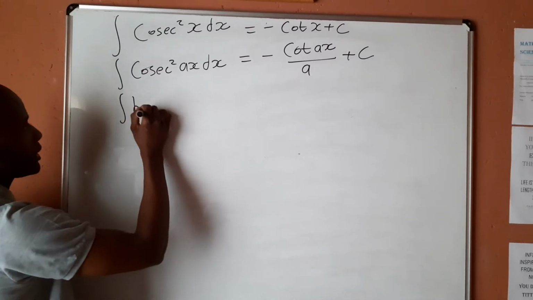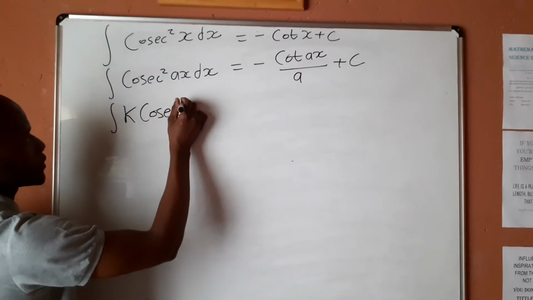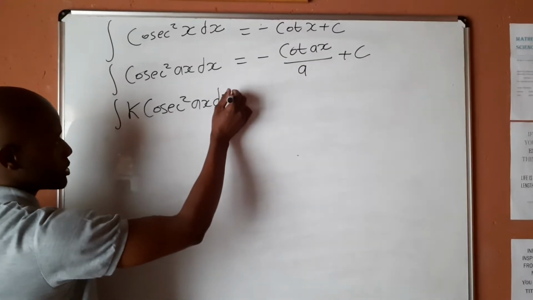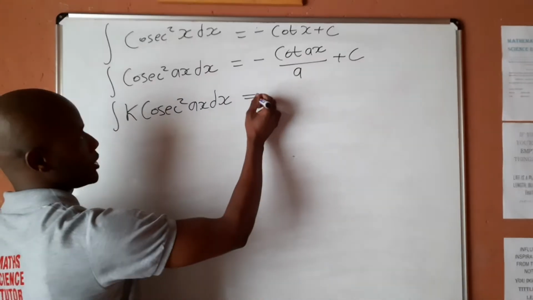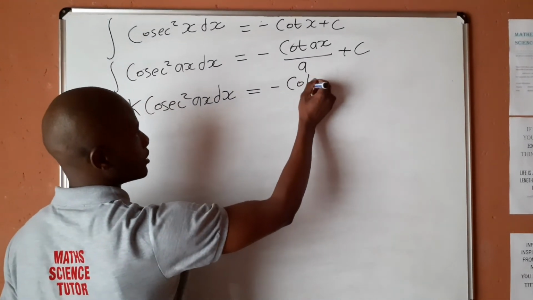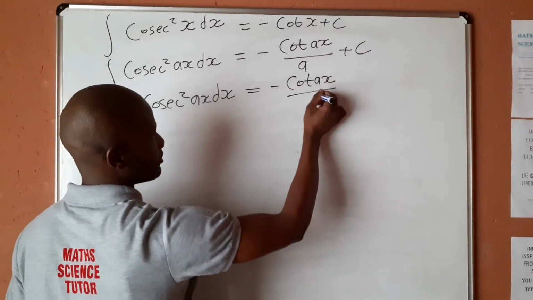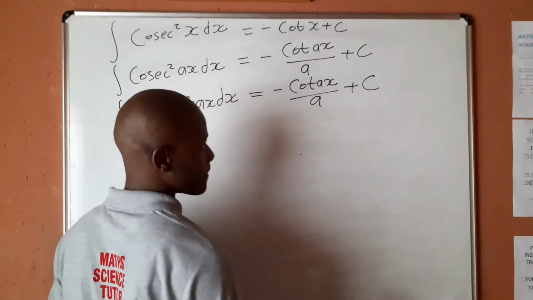Integrate k cosec squared ax dx is going to be negative k cot ax divided by a plus c.